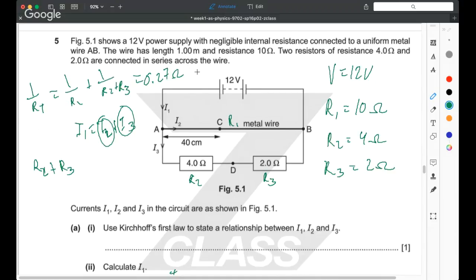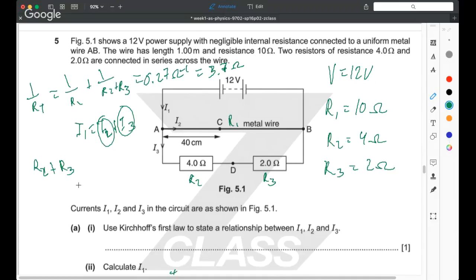Well, the inverse, so minus 1. So total resistance should be... another 0.26. 3.7 ohms in total. The total resistance.